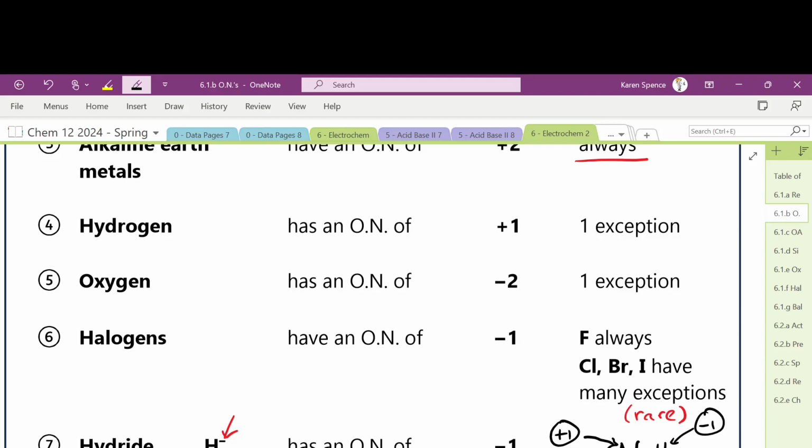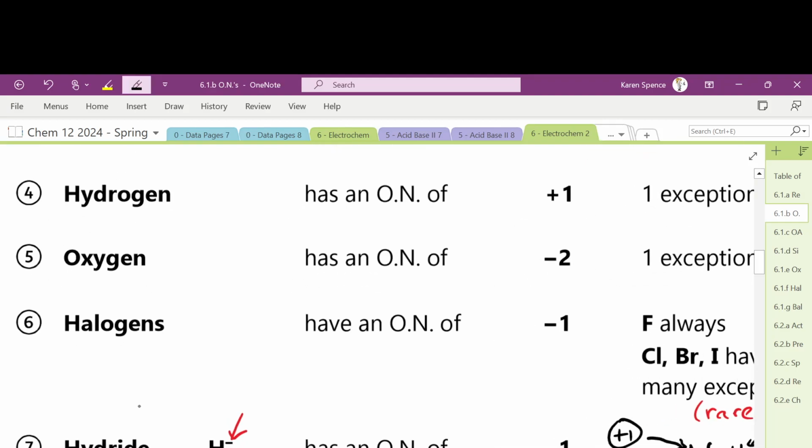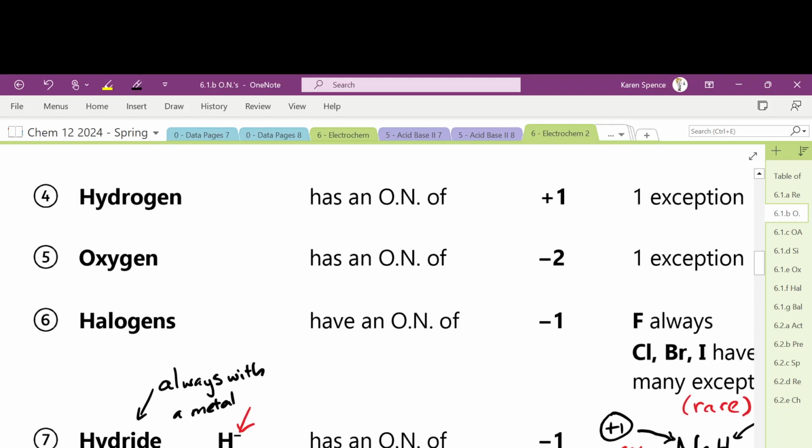And don't go looking for hydrides in covalent compounds. They're always with metals. The hydride ion is always with a metal. And the metal will have the positive charge, which means the hydrogen has to have taken an electron.